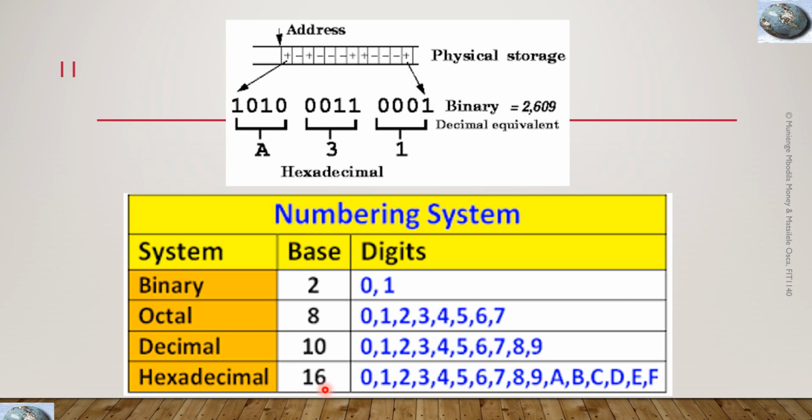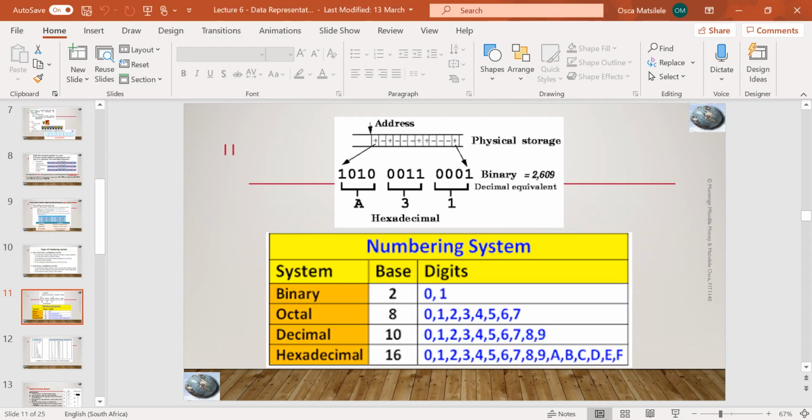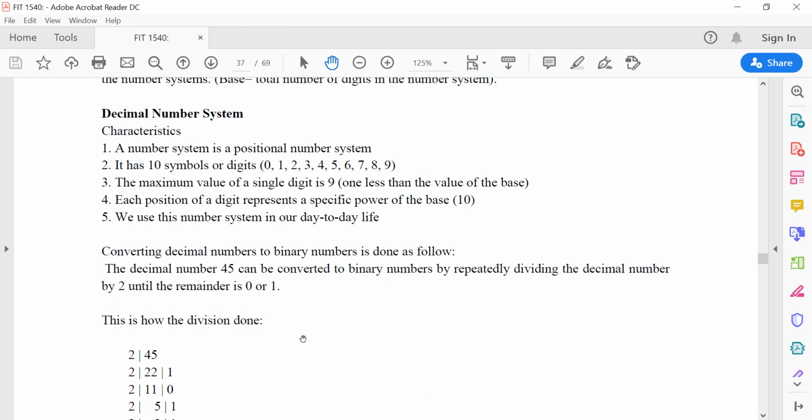We're just going to do the conversion. So let's start with the decimal number system. Just a revision to remind you of its characteristics.